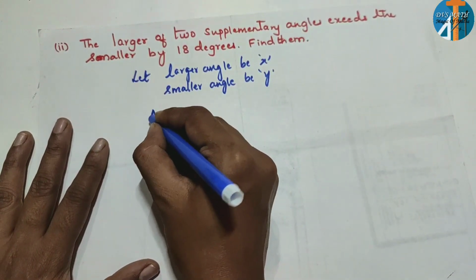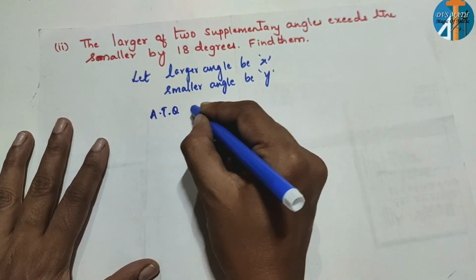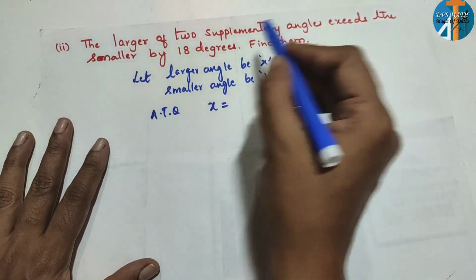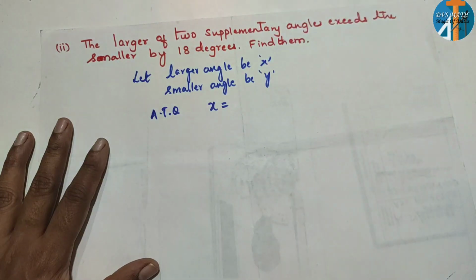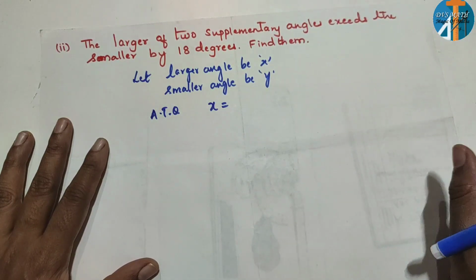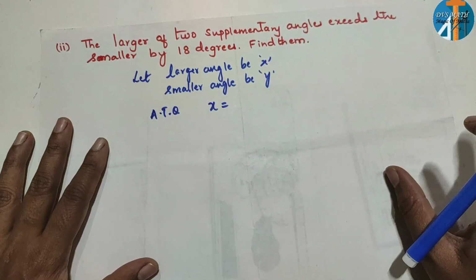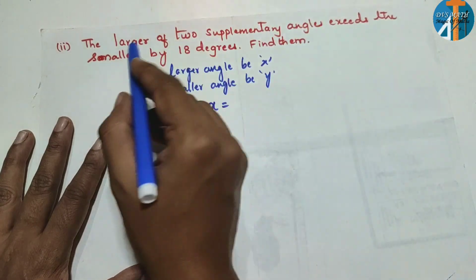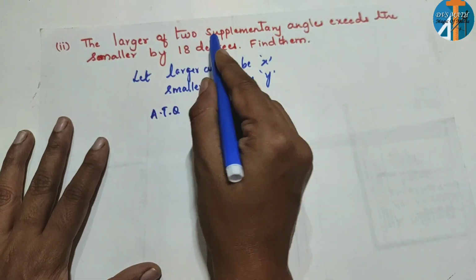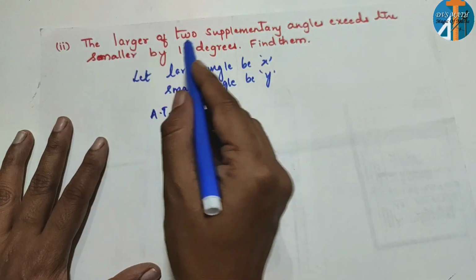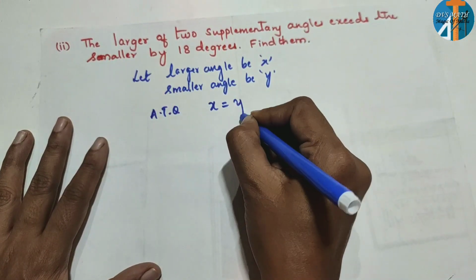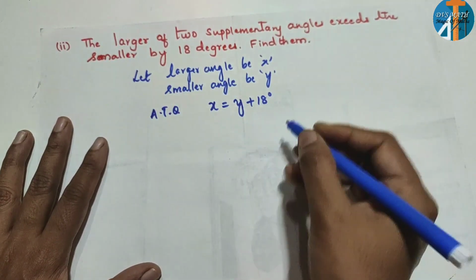According to the question, what can we write here? x is equal to how many more? It exceeds by, it is not times, you can't multiply here as in the previous question. So the larger angle exceeds the smaller by 18 degrees means the smaller angle y plus 18 degrees.